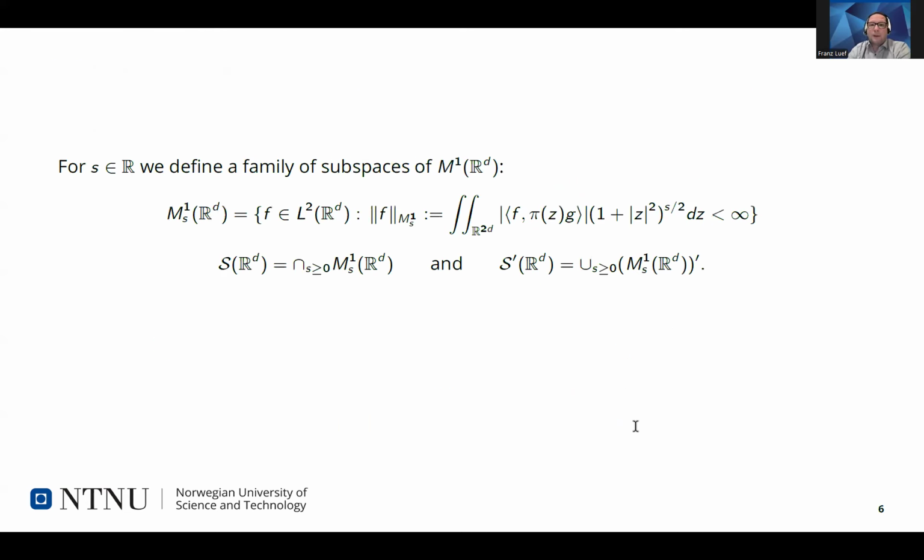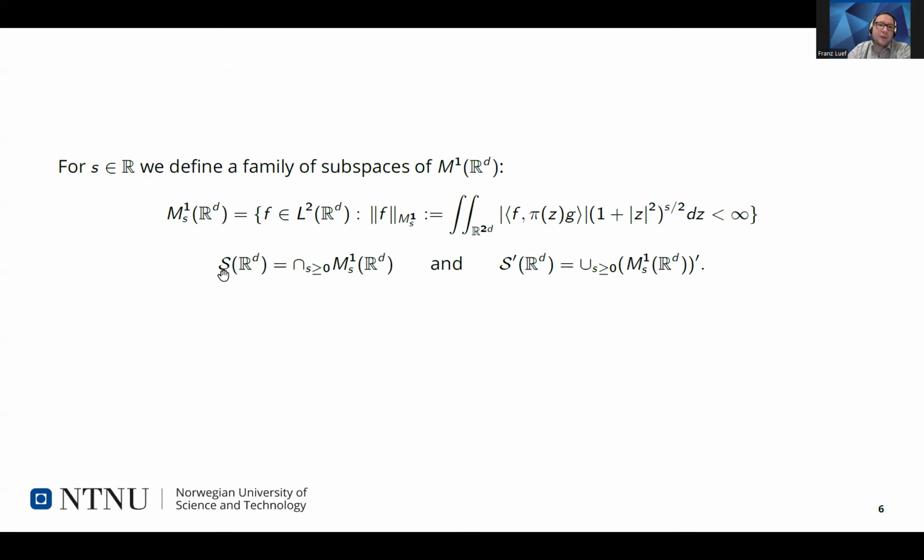Good. So there are also naturally weighted versions of this space. Instead of an L1 condition, you use a weighted L1, where you take the standard radially symmetric weight, (1 plus |z|²) to the s over 2, and impose this as your integrability condition. Then one can show that the intersection of these M1 spaces over s greater or equal to 0 gets nicer functions with more and more regularity.